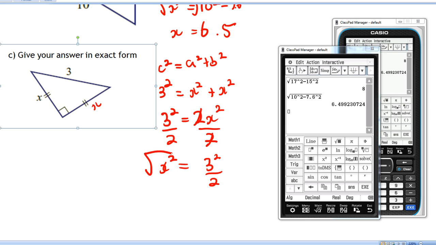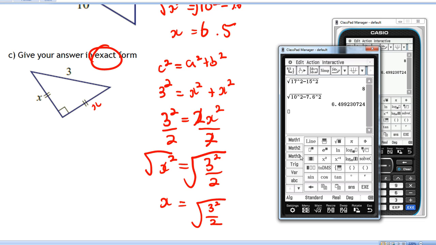Let's square root this side and square root this side. So I know that x is equal to the square root of 3 squared over 2. Now let's check. They're asking for the answer in exact form. So on my calculator I flick it into standard mode and I type in square root of 3 to the power of 2, 3 squared over 2, and enter.